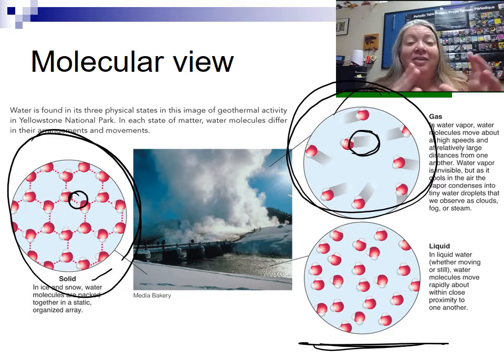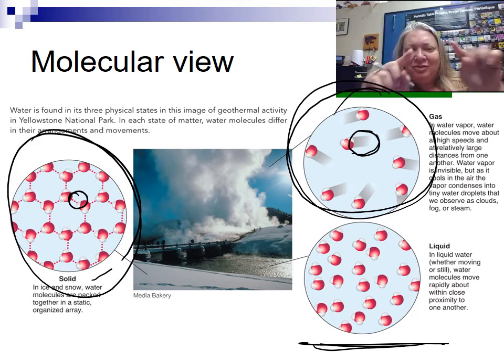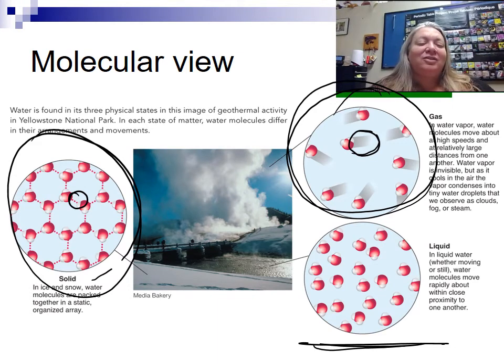Now water, as it forms these intermolecular attractions and becomes a solid, actually spreads out ever so slightly. We're going to learn more about the reason why here in just a little bit. So it has almost like little pockets in the middle. It likes to form these six-sided figures.